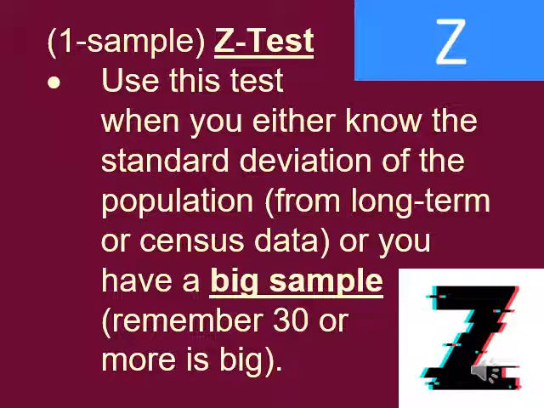We do use this test when you either know the standard deviation of the population, or you have a big sample. You might remember from the chapter on estimation that there was a difference between Z and T, and Z was for humongous samples, which meant that you had to have at least 30.